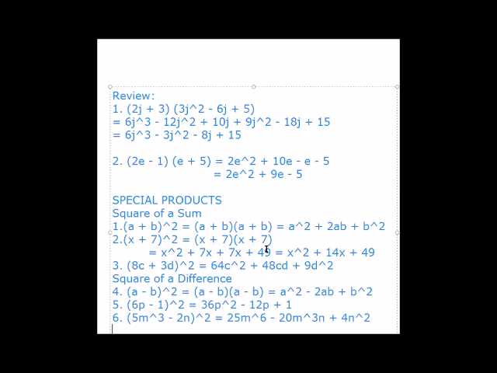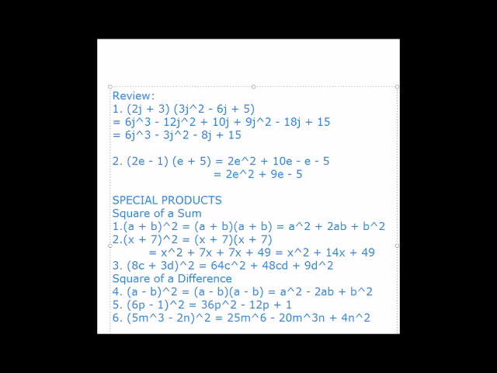Okay, that's it. So this time we will have the product of a sum and difference. So again, square of a sum for a plus b, square of a difference because we have a minus b squared. This time we will have the product of a sum and difference. The product because we will be multiplying, then the sum because the first binomial is a sum, a plus b.